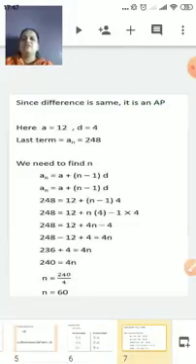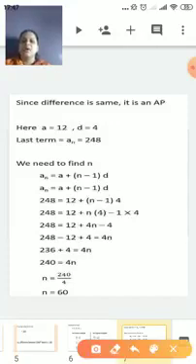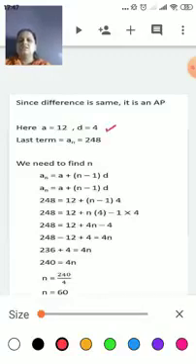Since the difference is the same, because we have taken the multiples, it is quite obvious that your d value will be 4, correct? So d is nothing but 4. a is 12, your first term. an, that is the last term, is 248. Just substitute and find the answer. I am explaining the first two steps, the remaining you try yourself and check your answer.